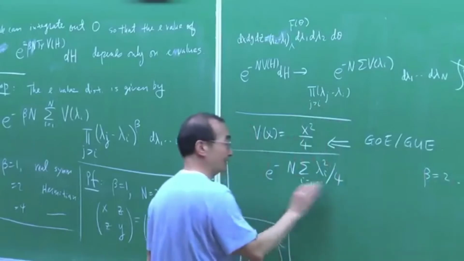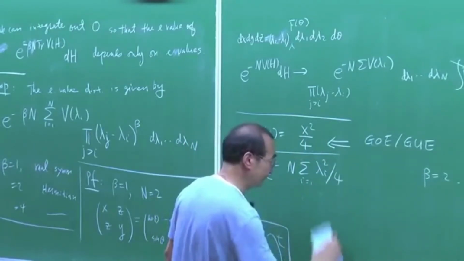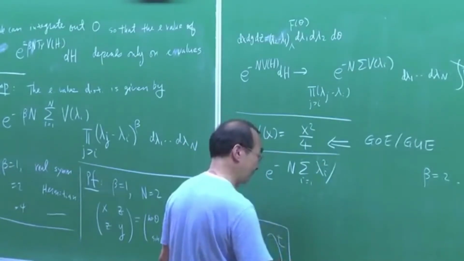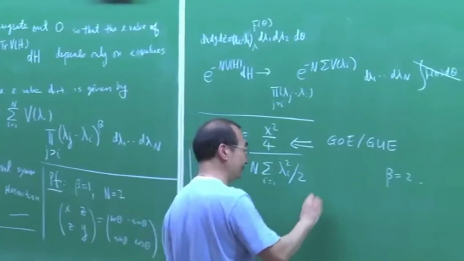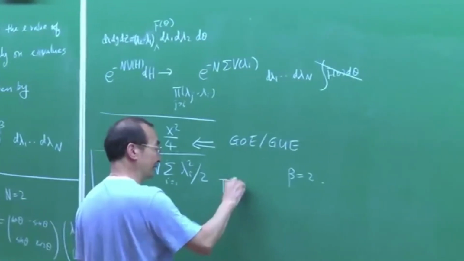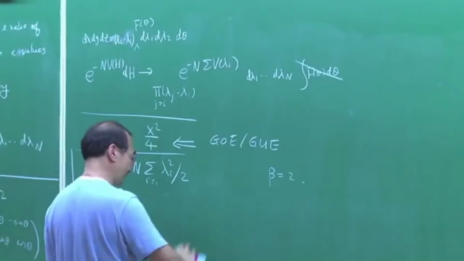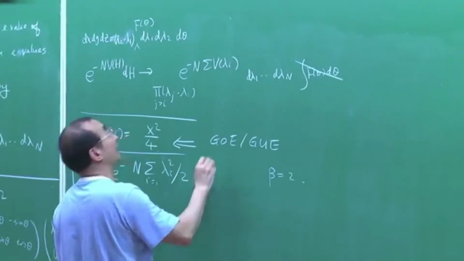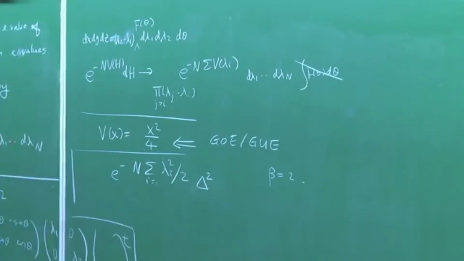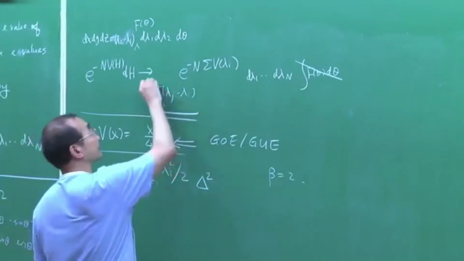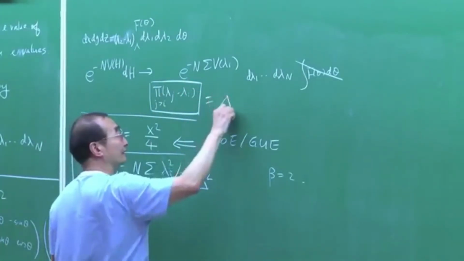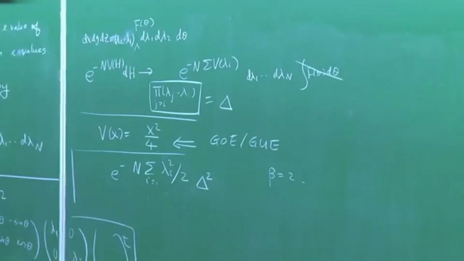So this becomes a standard Gaussian. It's beta equal to 2. And the product, so I get this delta squared. And this factor is called delta. This delta is the Vandermonde determinant.